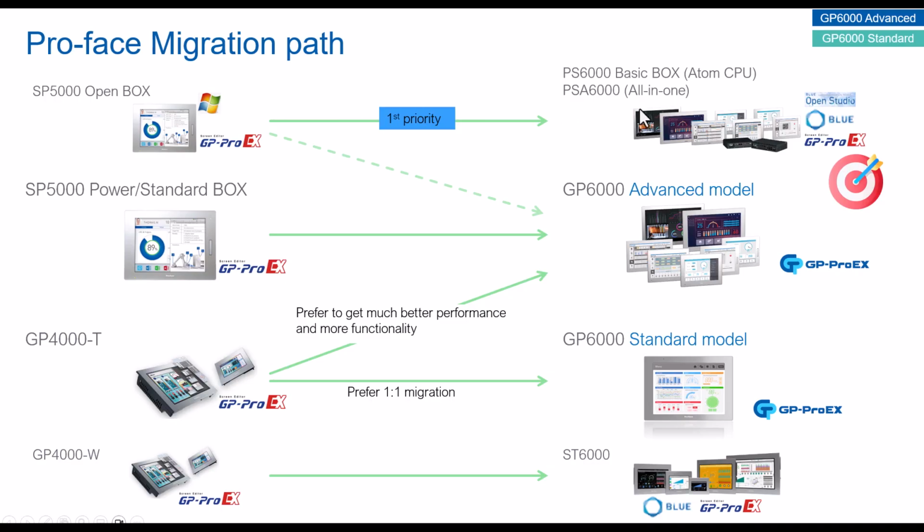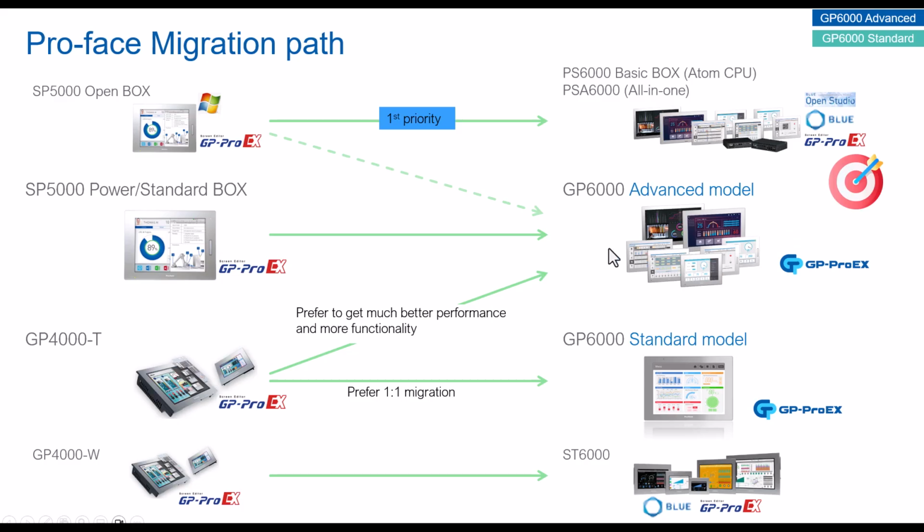So today the migration from a hardware perspective looks like going into a PS6000 box, a basic box, or a PSA 6000, the new all-in-one PCs. And then from a software perspective, it's the easiest migration, or perhaps an upgrade to a higher level, a different type of software in Blue or Blue Open Studio, which all run on Windows runtimes.